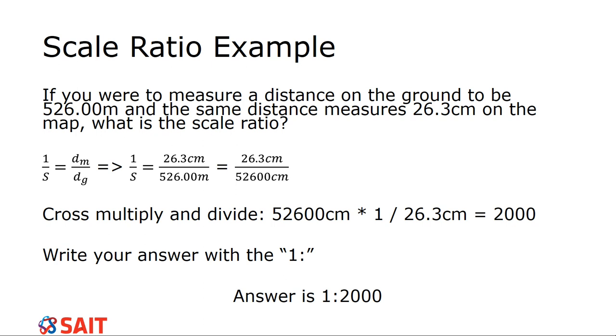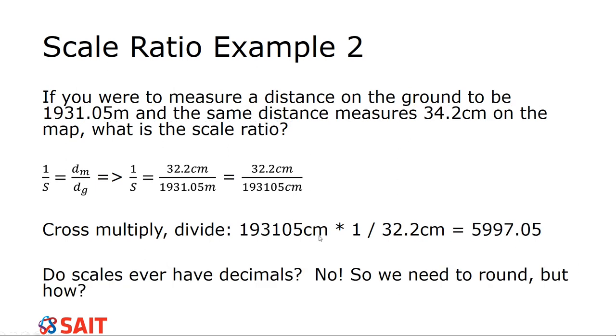I didn't ask for the scale number, I asked for the scale ratio. So really be careful about that terminology. Here, write your answer with the 1 colon. So the answer is 1 colon 2000, which we would say in English as 1 to 2000. And that's the scale. So that's how you calculate that.